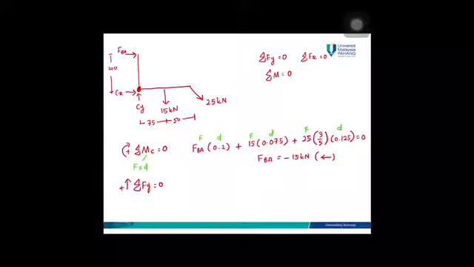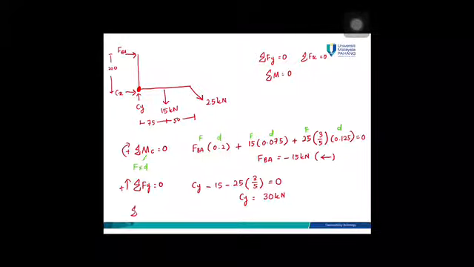Upwards is positive. And then you have Cy minus 15 minus 25 times 3/5 is equal to 0, and then Cy is equal to 30 kilonewton.